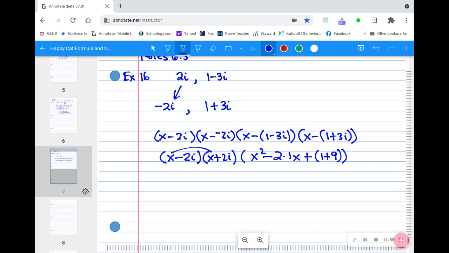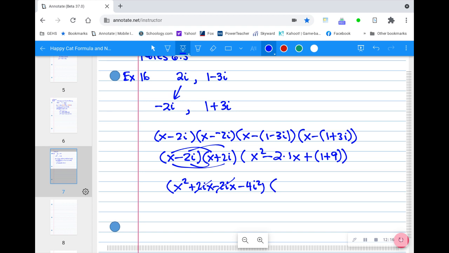Meantime, we're going to multiply this. That's x squared plus 2ix minus 2ix. Those will cancel off. And here is minus 4i squared. Let me get that written carefully. Cancel those off.